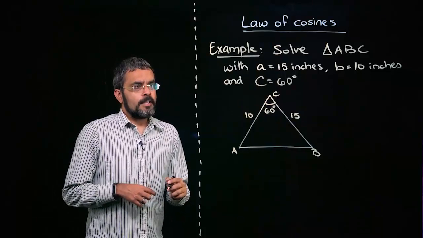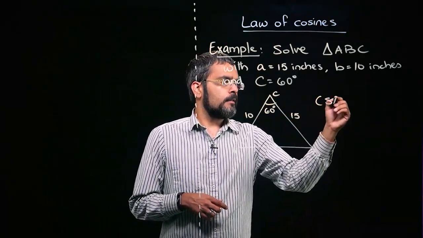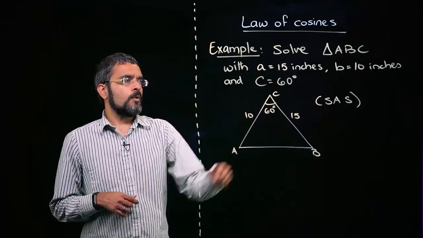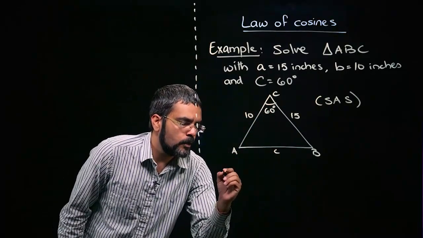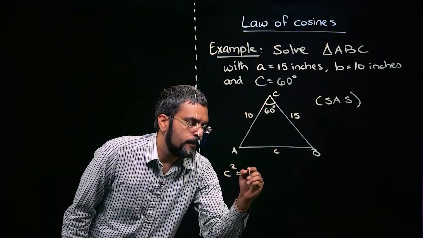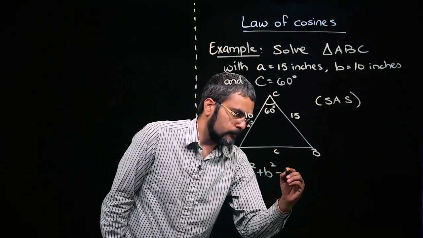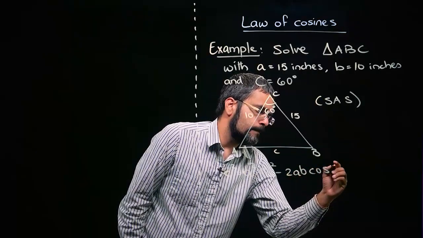First thing we notice is that this is side angle side, or SAS, which means I can use my law of cosines to figure out what side c is. So I know that with law of cosines, c squared equals a squared plus b squared minus 2ab cosine of C.